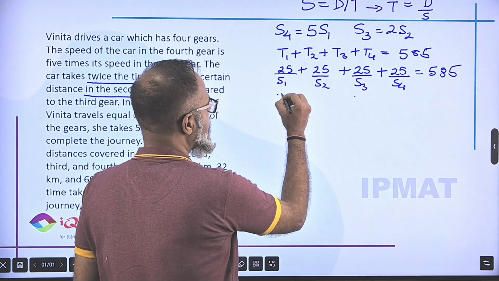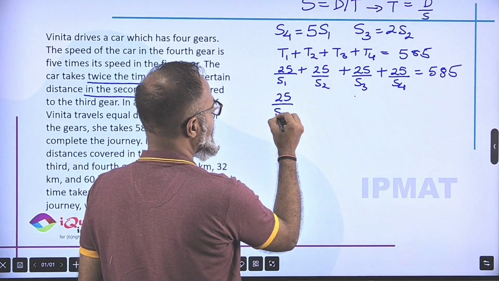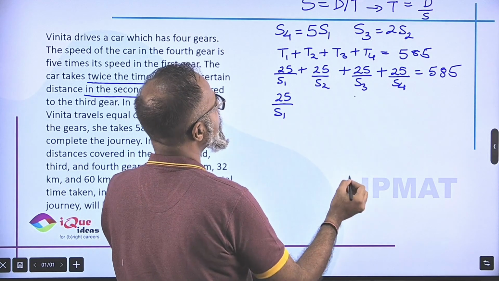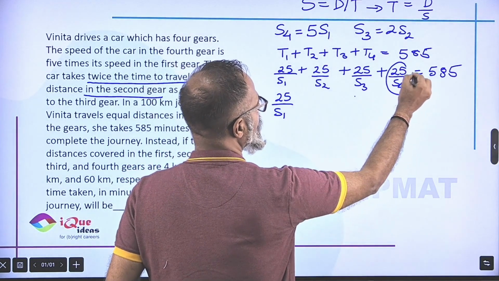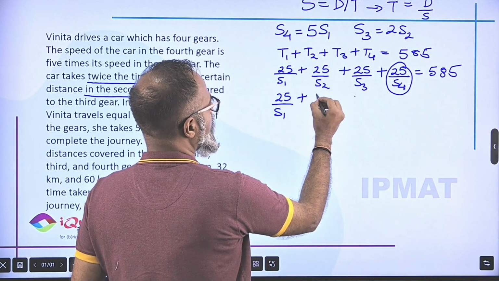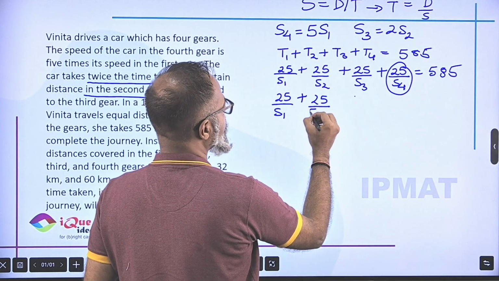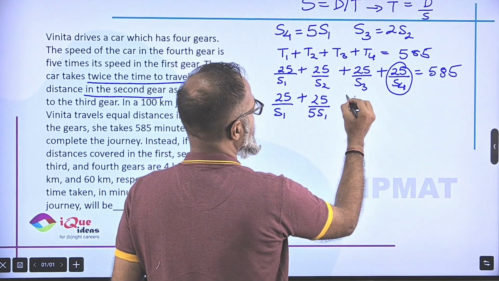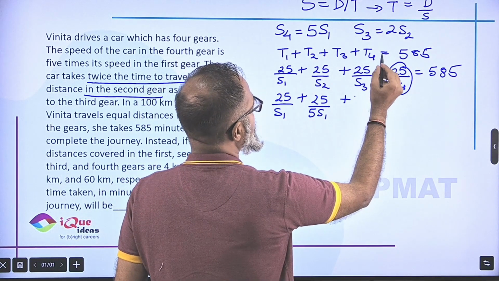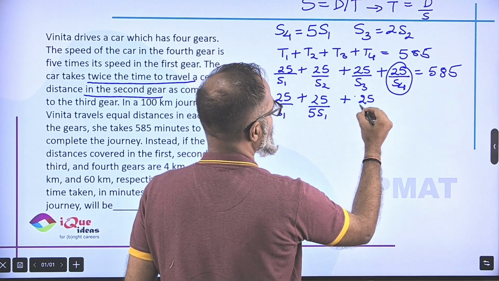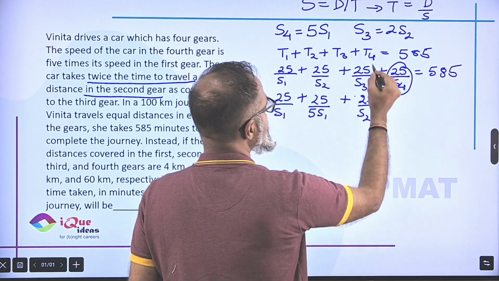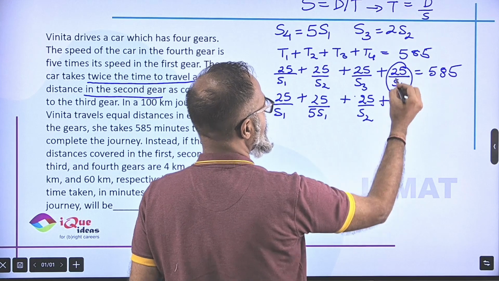So now I can get 25 upon s1, and I'm slightly rearranging the terms, bringing s4 in terms of s1 together. So s4 is written as 5s1, then plus 25 upon s2, and s3 also I can write in terms of s2.